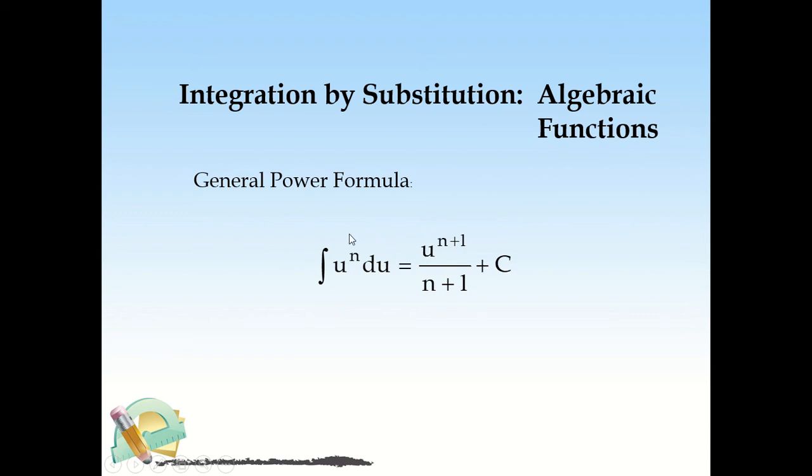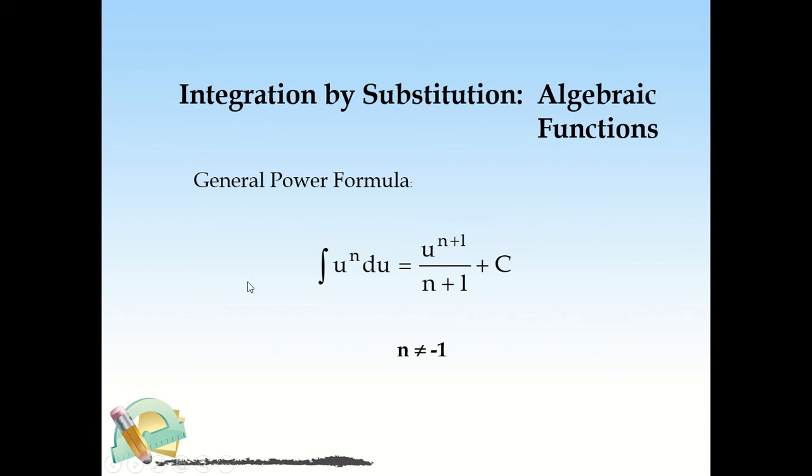If you can still remember, in our previous discussions we used x, x to the power n. Now we will use u to the n, and we will use this formula in solving integrals that can be solved using the substitution method.